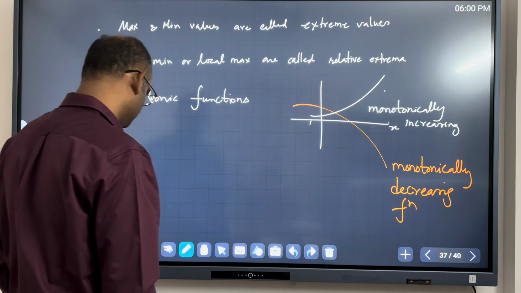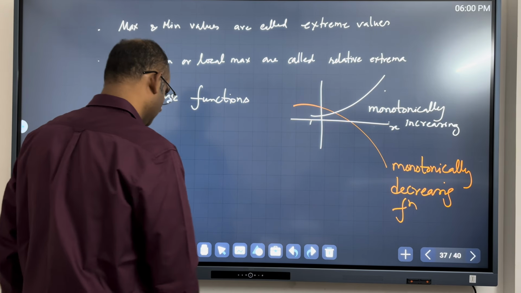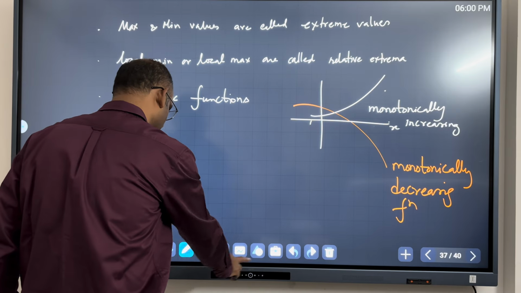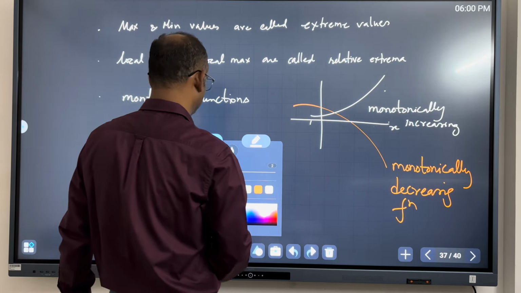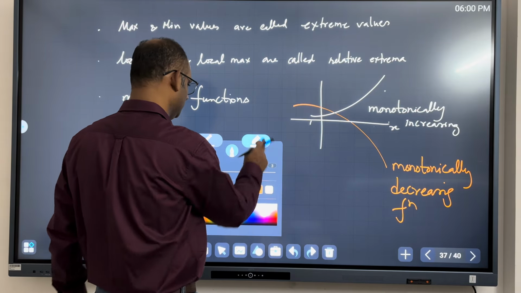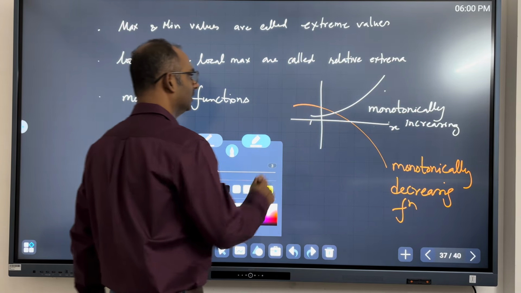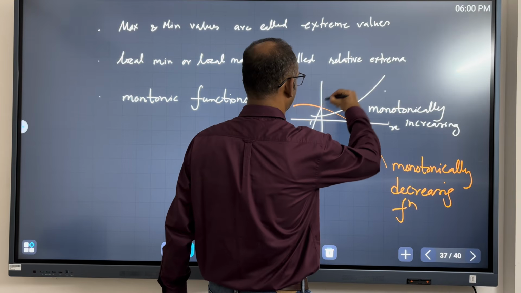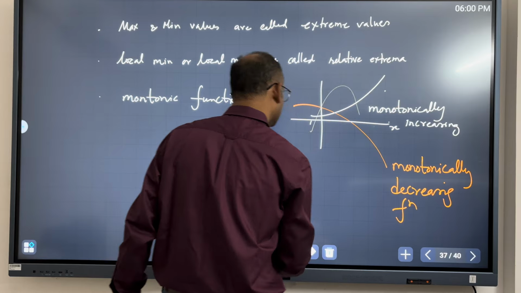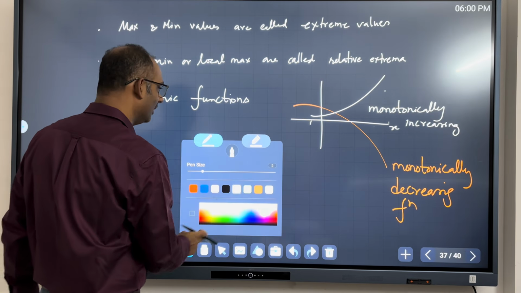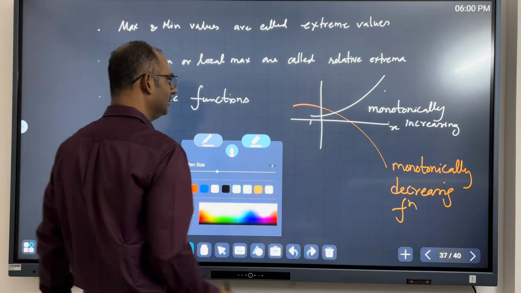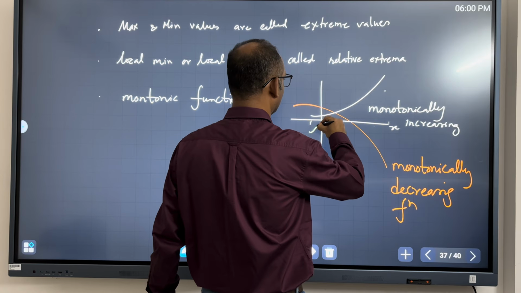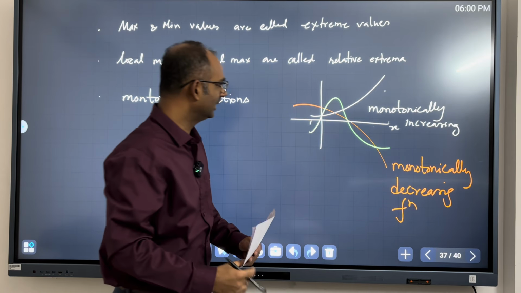Is that okay? Now let's look at another function. Can I just go here and change it to green? Okay, let's look at this one. Yeah, I selected green now. Now look at this.